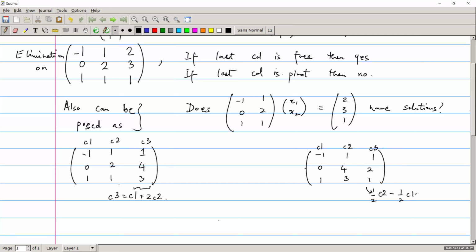Okay, because how do I write this column in terms of these two columns? I just move things around so that column 2 comes on one side. So I can write this as column 3 minus column 1, whole thing divided by 2. But here the identities have changed, so I have to write it as 1 half the 143 column minus the 101 column.